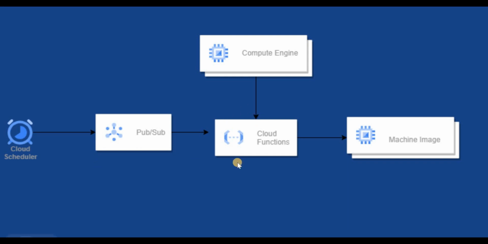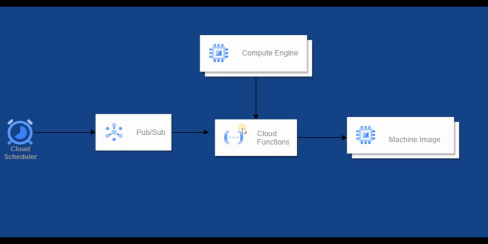I will create a Pub/Sub topic to trigger the cloud function, and I will use Cloud Scheduler to push a message into the Pub/Sub, hence Pub/Sub will trigger my cloud function. Suppose on a daily basis I have to take a backup at 5 p.m., then I'll schedule my Cloud Scheduler to trigger a Pub/Sub message at 5 p.m. Once the message is pushed to Pub/Sub, immediately my cloud function will get triggered.